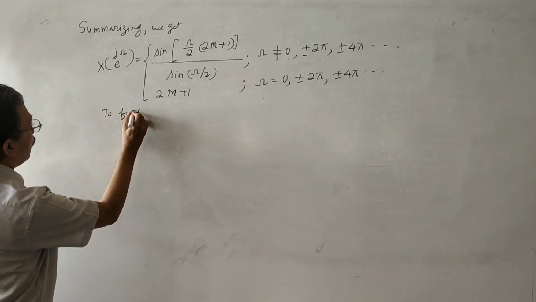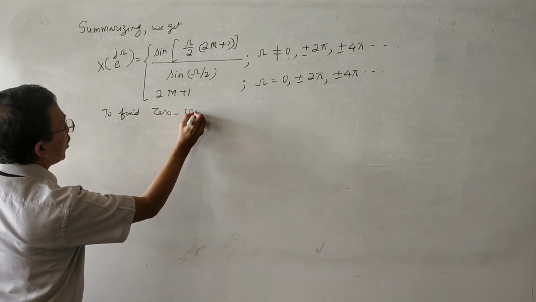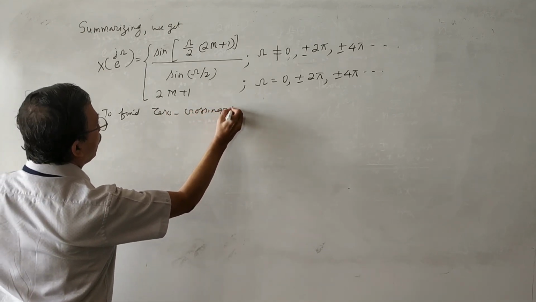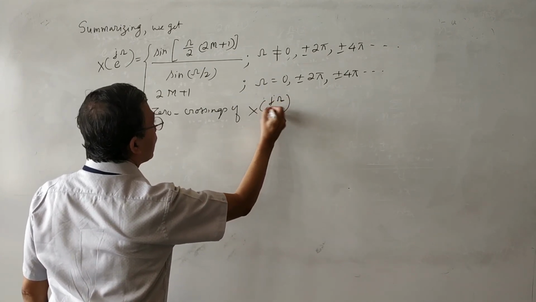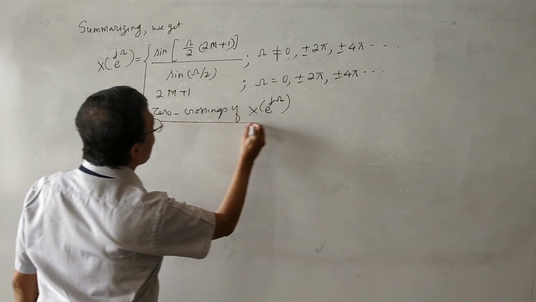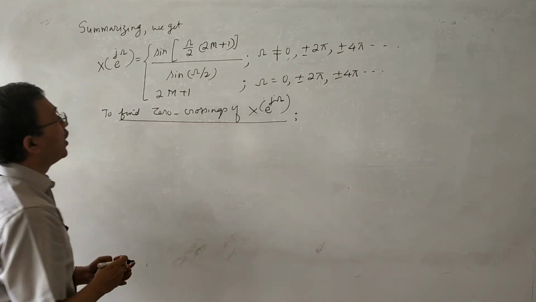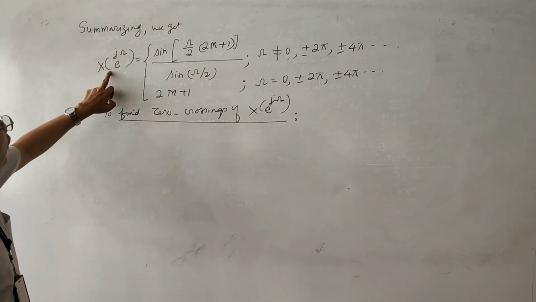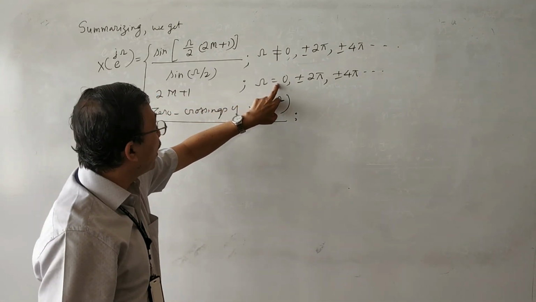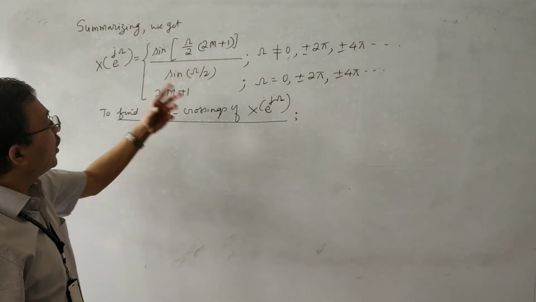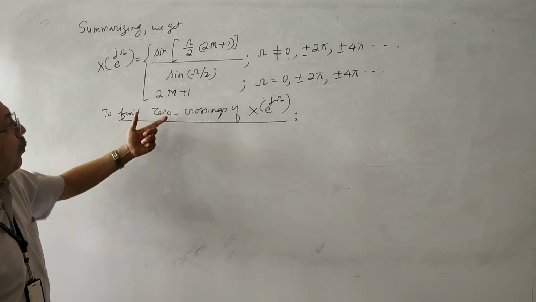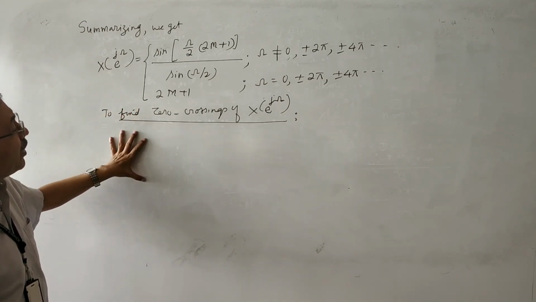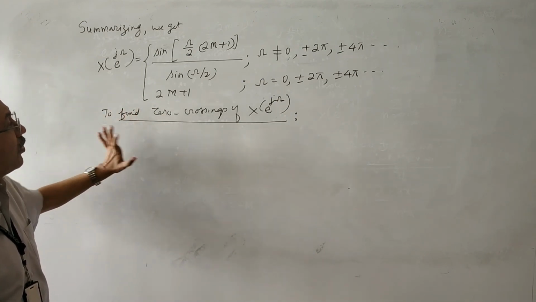To find zero crossings of x of e power j omega, these values of omega can be found in two ways. First, by substituting these values in the defining equation. Second, by applying L'Hospital's rule. But the first method is easier, therefore follow that method in the examination.